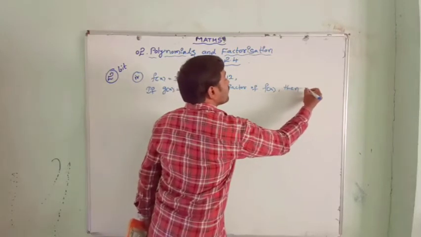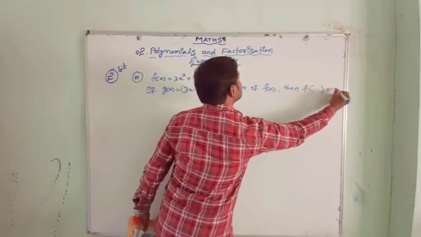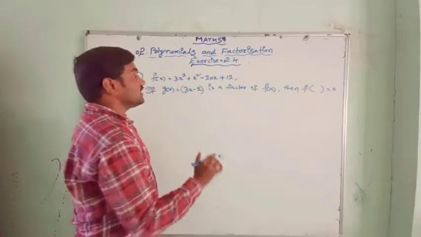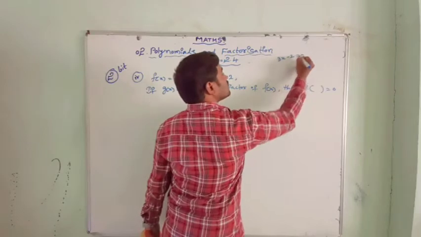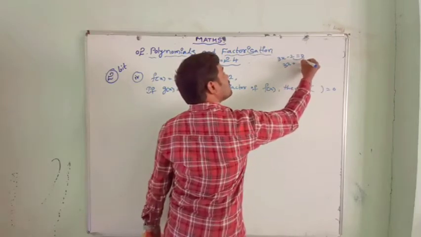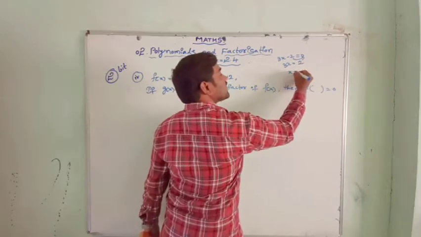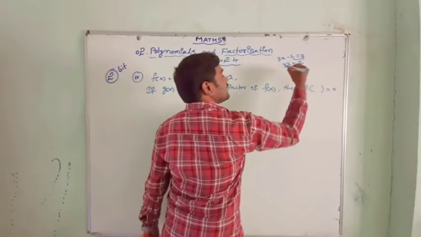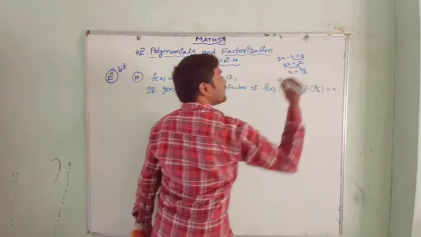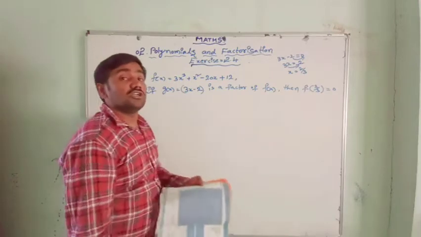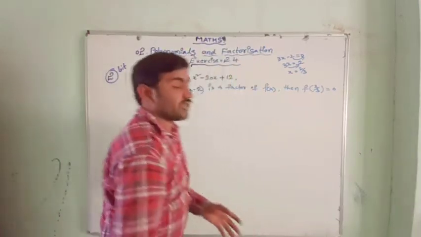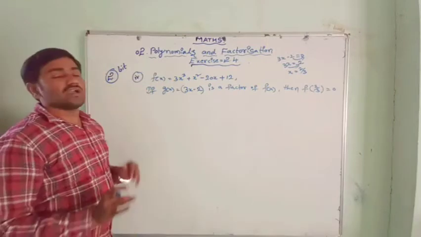Then we need f of the root equal to 0. 3x minus 2 equals 0, then 3x equals 2, then x equals 2 by 3. So f of 2 by 3 should equal 0, then only this g of x is a factor of f of x.